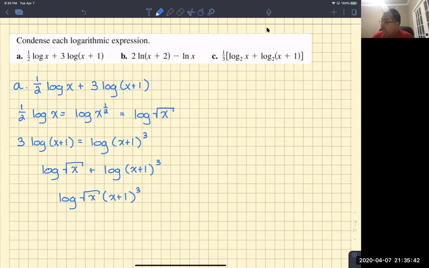Now, you can write this like this, or you can use a rational exponent. So either one of these answers would be acceptable on any type of test or a quiz. And this is now two logarithms written as one log. And this is fully condensed or contracted.